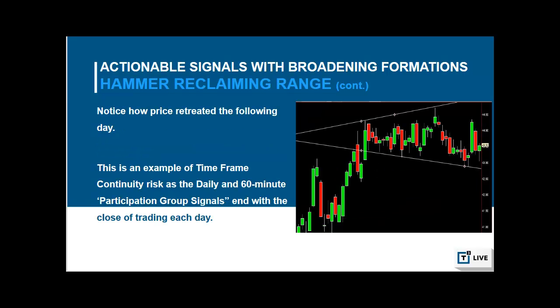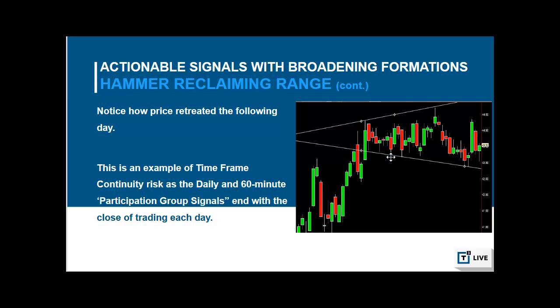All right. So here, if you can notice how the price retreated the following day. This is what I'm talking about when I talk about time frame continuity risk, as the daily and 60-minute participation group signals end with the close of each trading day. So in this case, we've got the hammer that goes back into the previous range, right?